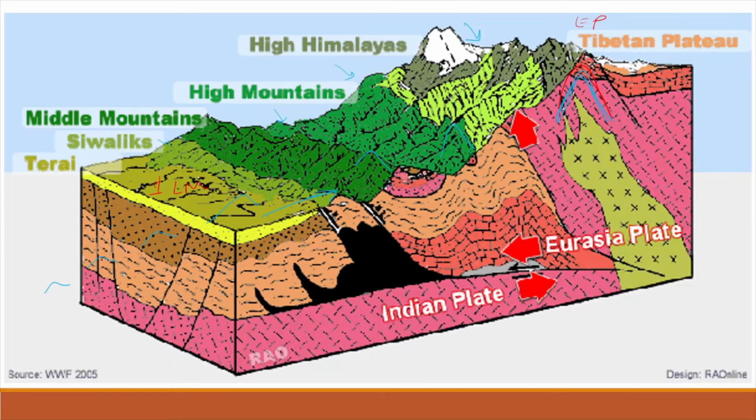Now they are known by different names. The oldest one is known as the Trans-Himalayan. In your textbook it's given as the Trans-Himalayan. Then the second oldest one will be the Greater Himalayas.